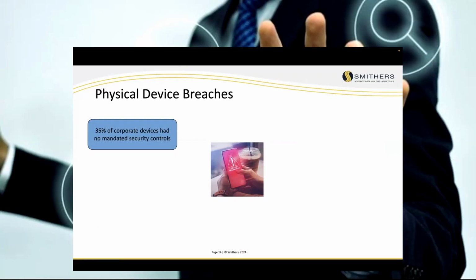And if you're CMMC, you just got yourself an audit failure. There is no way that a mobile device, whether it's a laptop, a tablet, or a cell phone, there is no way you can have one of those devices out there that doesn't have some sort of corporate mandated security controls on it. There's a laundry list of them.